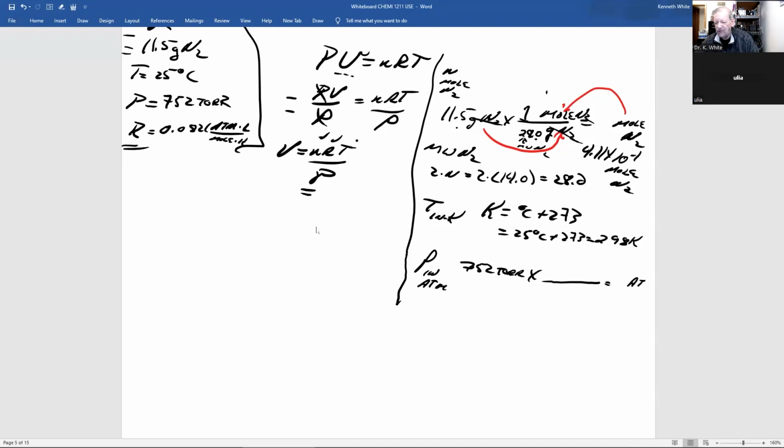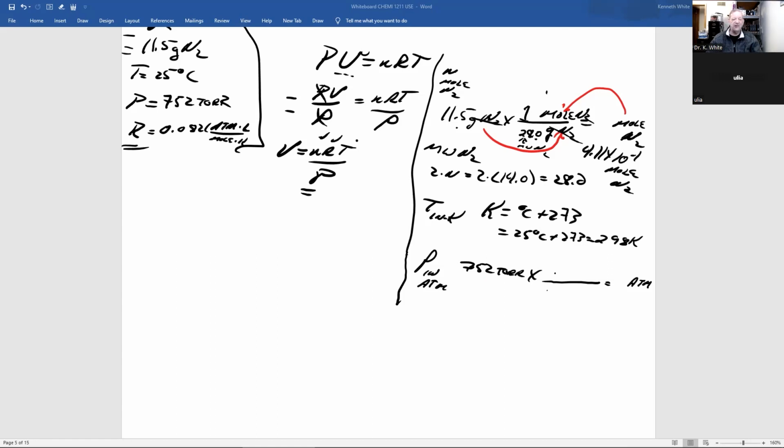We want to go to atmospheres. What units go on top and bottom of that ratio? Your turn. Again, not numbers, just what units. Use your good buddy, your good friend.